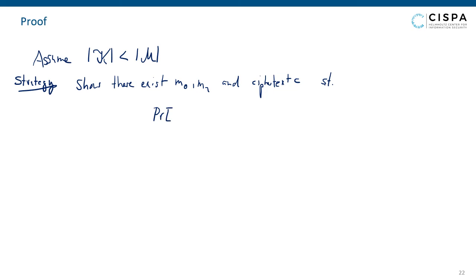the probability that when I'm encrypting M0 I get C is greater than 0, but the probability that if I encrypt M1 I obtain C is exactly 0.